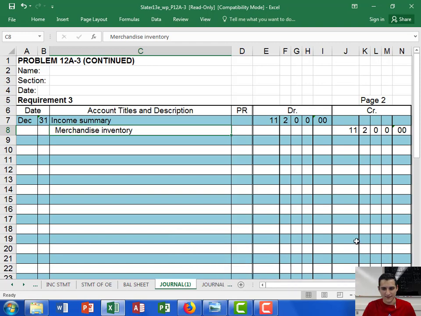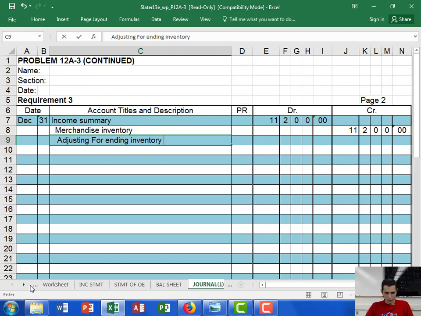Okay, so just going back with that, for the adjustment, you're just doing the exact same thing. You're just putting adjusting for ending inventory. You're basically copying exactly what is in your worksheet.